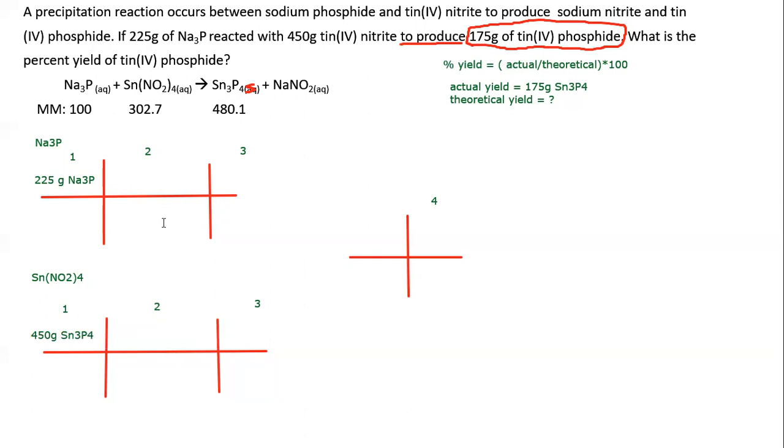In slot 2 is the molar mass of the reactant, with the mass on the bottom and the moles on top.